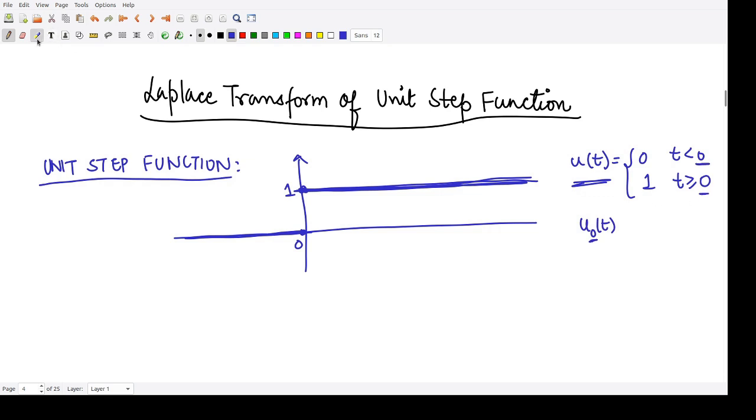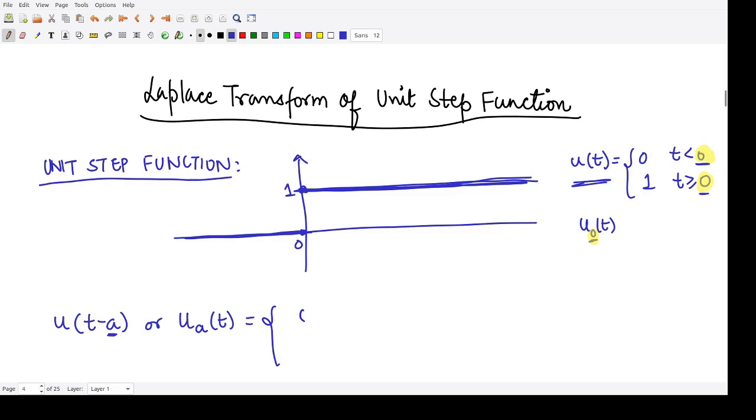Okay. So next let me define this. The 0 corresponds to this point. So next let me define its translation. Suppose I am defining this function u of t minus a, or in other words you could also write it to be uat. That means we have now shifted this function a distance a to the right hand side.